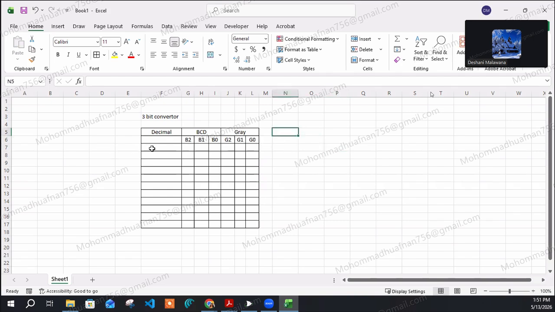How can I decide how many 0s and 1s should be there? 3 bits means 2 to the power 3, right? 2 to the power 3 means 8, so we have to consider 8 decimal values.